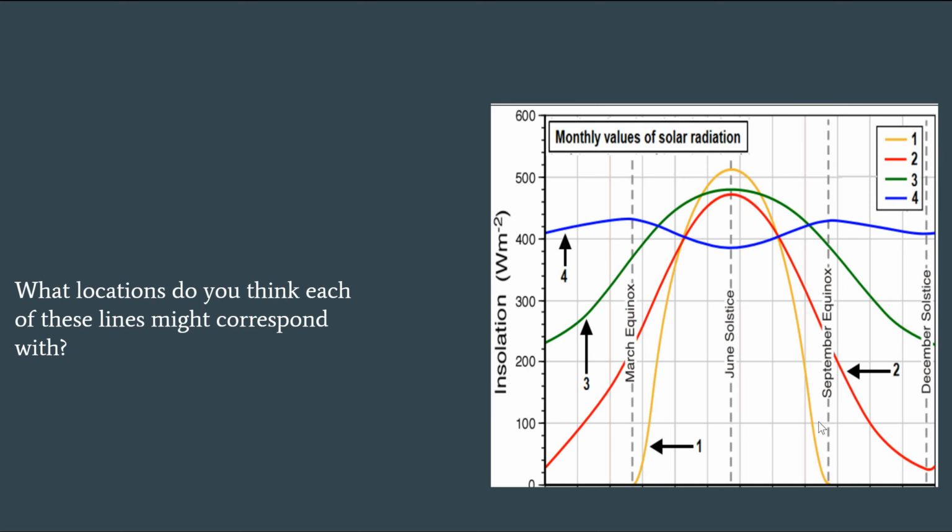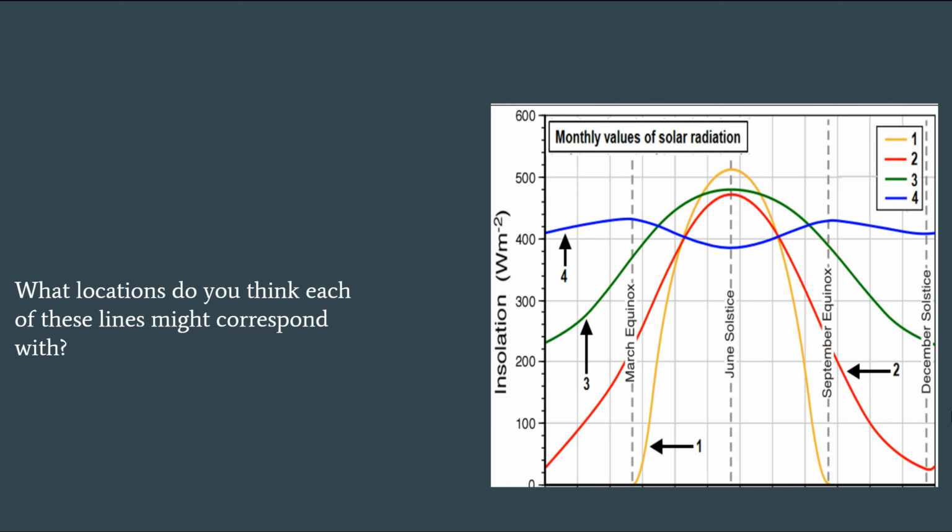We can see that number two is probably a little more southerly. We can still tell that it's in the northern hemisphere because it gets its peak insolation at the June solstice. It's not as northerly as the first line, because we do get a bit of insolation from January till March, and September till December as well.